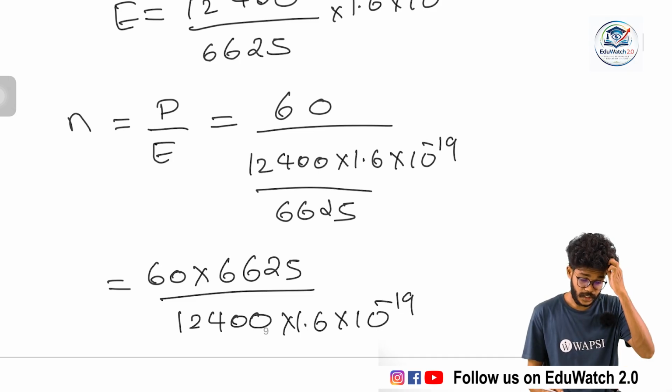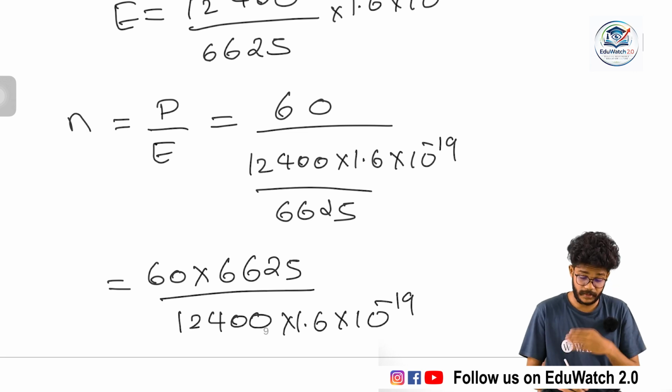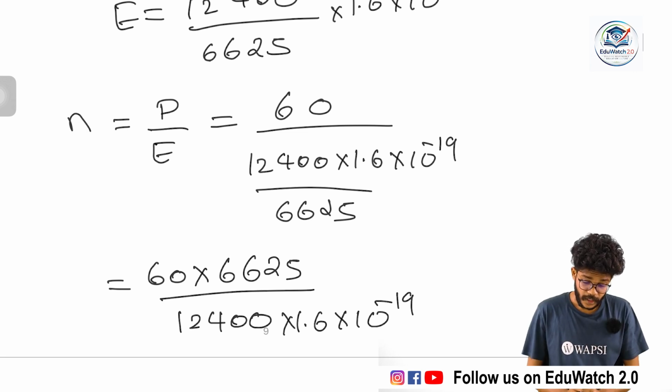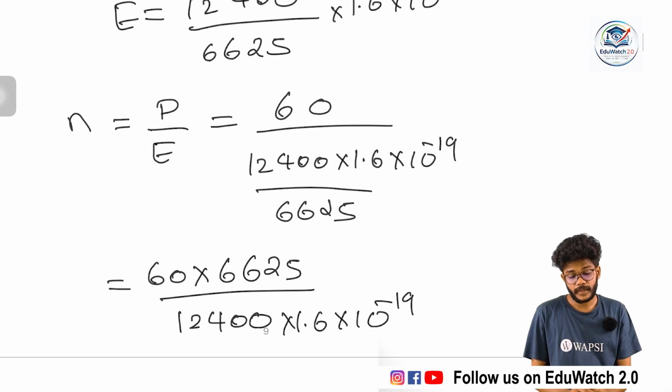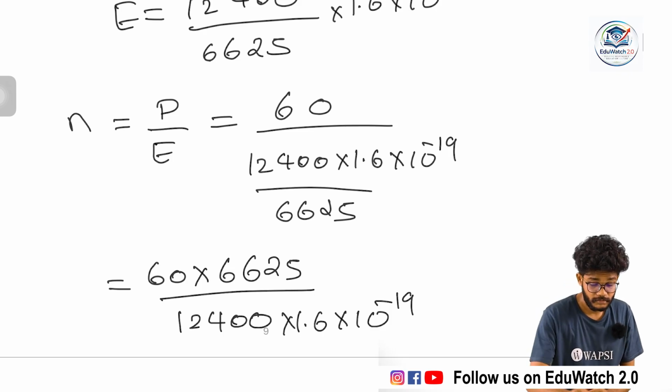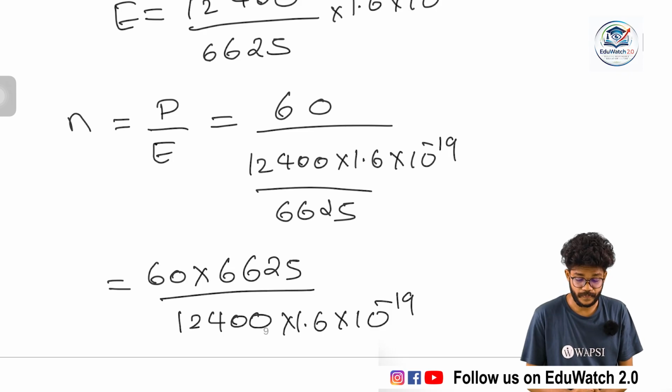Okay, 10 raised to minus 19 can go to the numerator, and 6 into 6,000 is 36,000 by 12 is approximately 2.